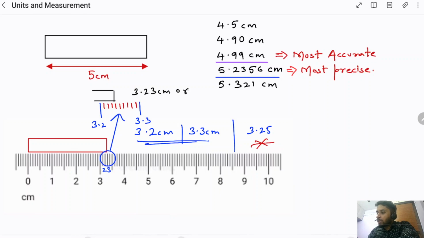Because this is suppose 1 2 3 4 5, it is between 3 and 4, so someone can write it as 3.23 centimeter or 3.24 centimeter.